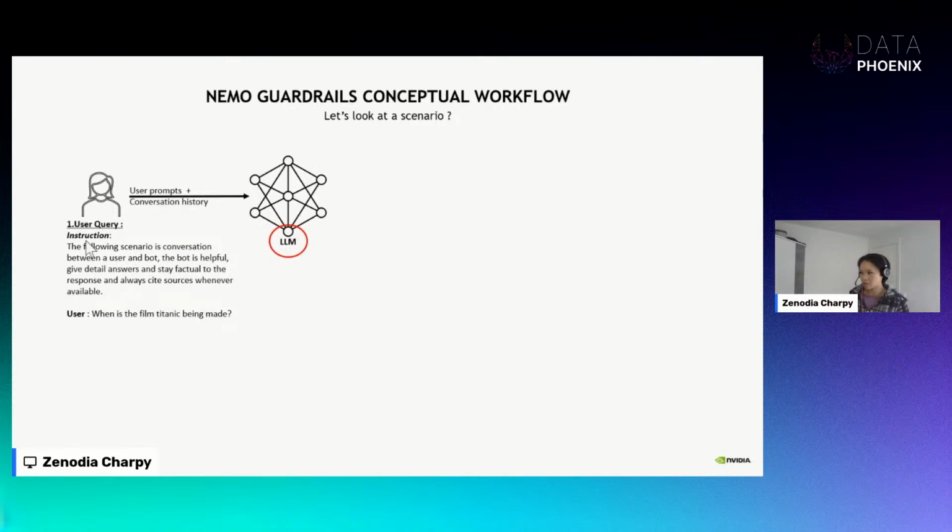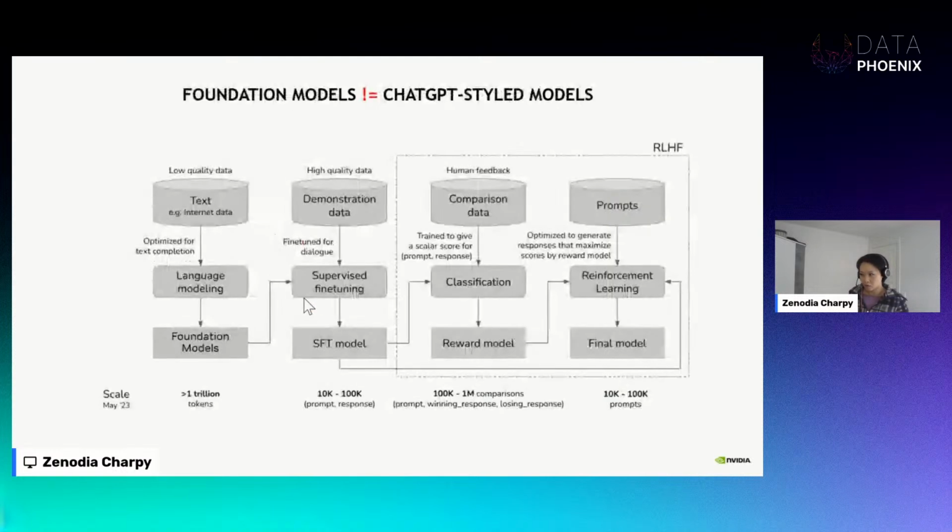That's instruction. So that means this language model, if we're coming back to what we have here, will be at least here already. If the language model is a foundation model, then you have very little chance of success because it will not be following instructions. So if you get a foundation model, you need to check.